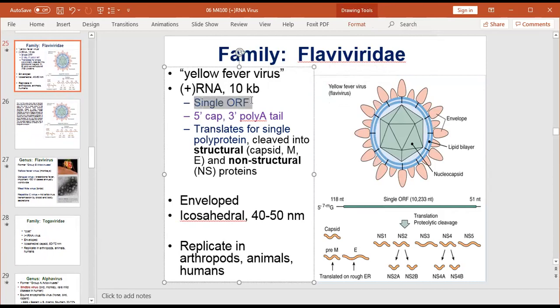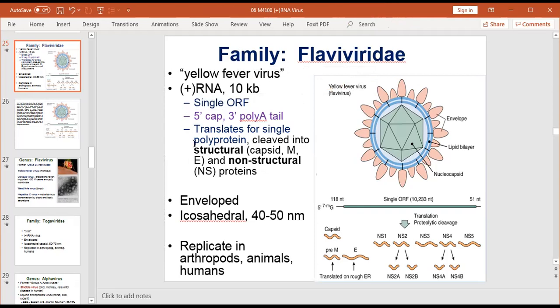It has, again, like polio, one single open reading frame. Unlike poliovirus, at the 5' end of the genome, it has a 7-methyl guanine cap. At the 3' end, like polio, it has a 3' poly A tail.